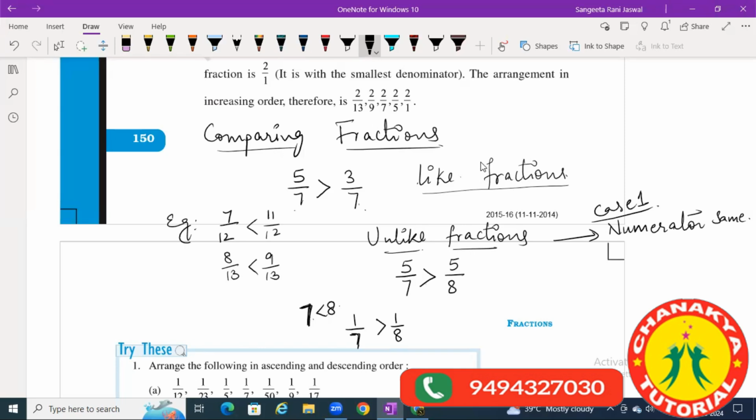So would you like to write this? Please write down the heading unlike fraction, case 1. Just write down unlike fraction.